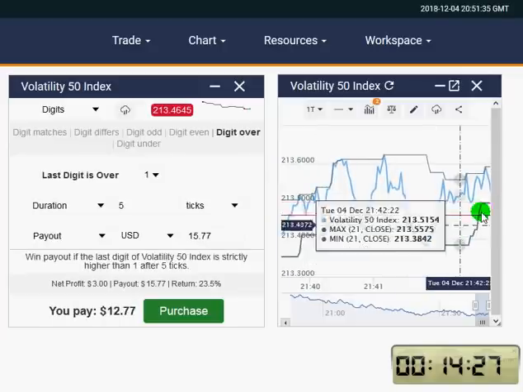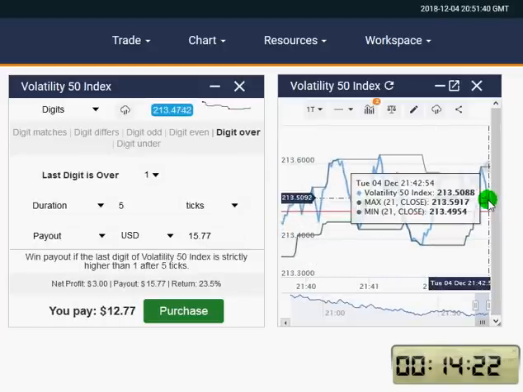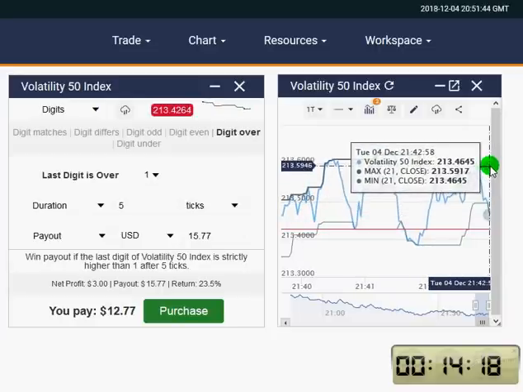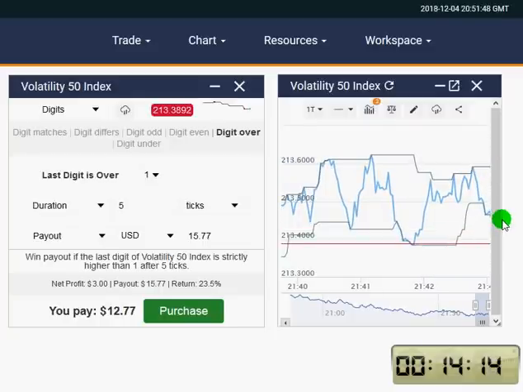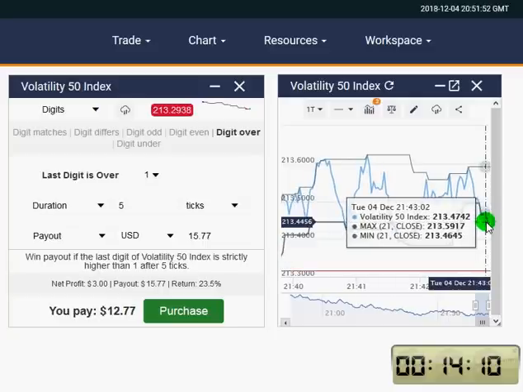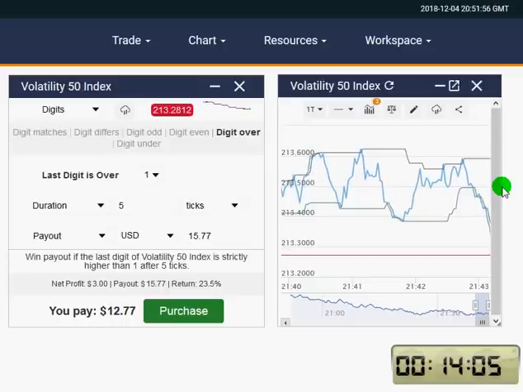So we'll close again and we'll wait again for the blue chart indicator to overlap the maximum indicator. Going down, it's just at the minimum. Going up again, down.